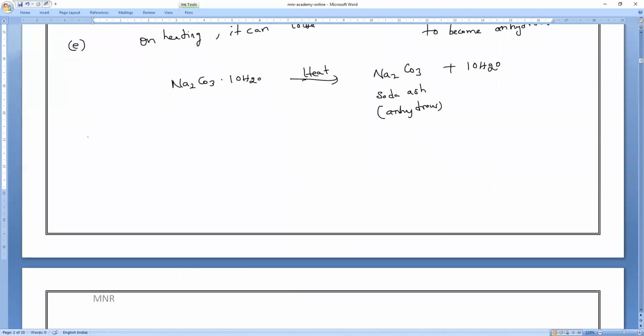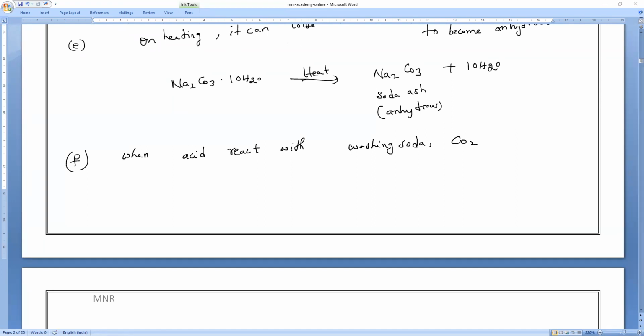All of you remember, we already studied the properties of acids. Whenever acids react with washing soda, what will happen, guys? Carbonates or bicarbonates react with acids to give salt plus CO2.